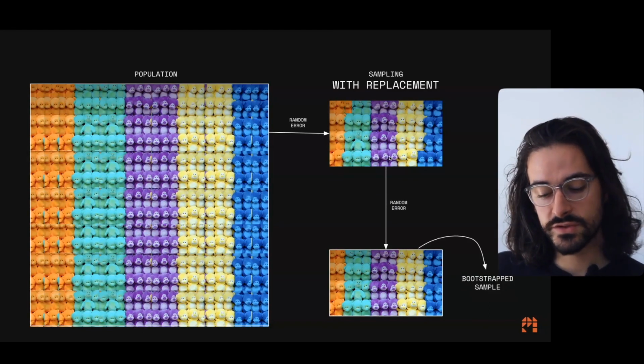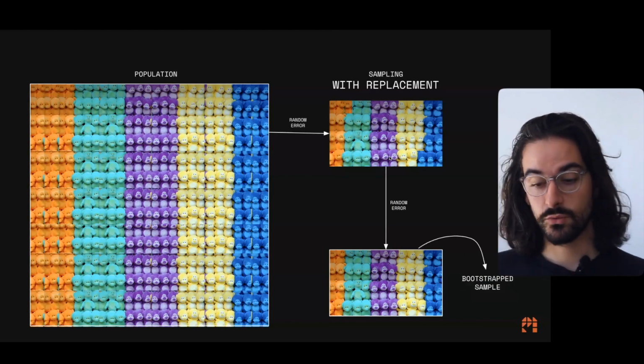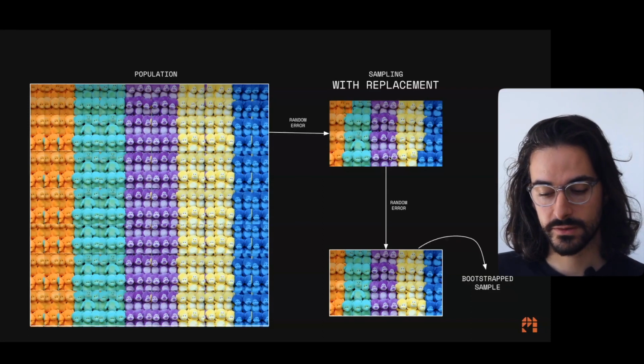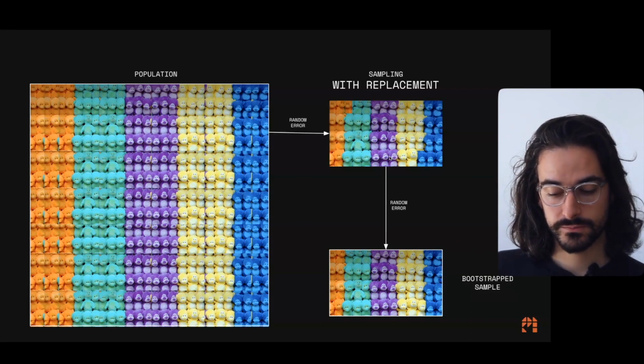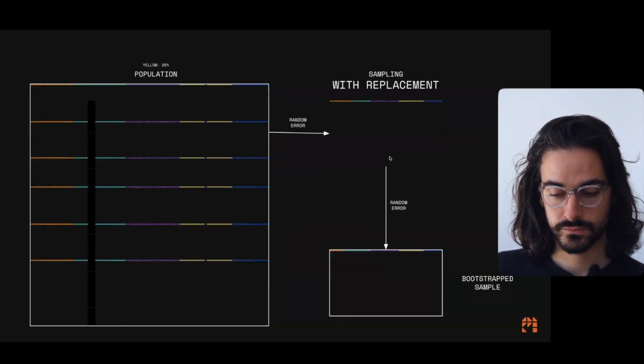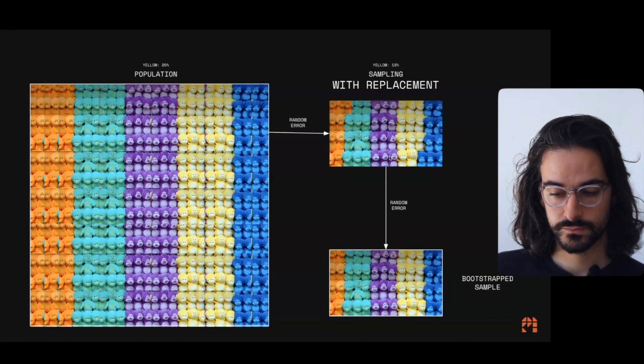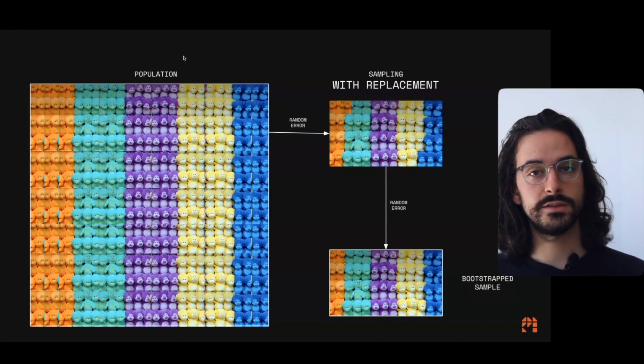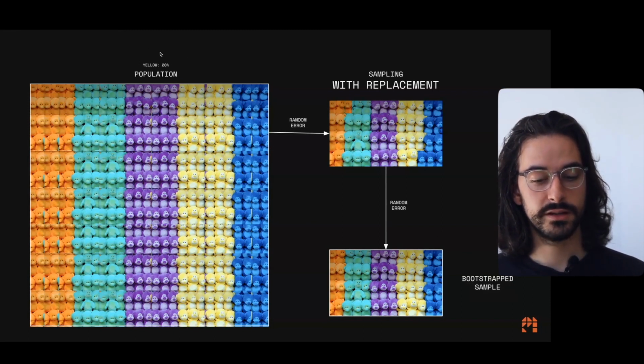So this new sample that we generated with bootstrapping, with replacement, is the bootstrapped sample. This is what we call it. And let's look at the proportions. Let's say the initial population proportion is 20%.